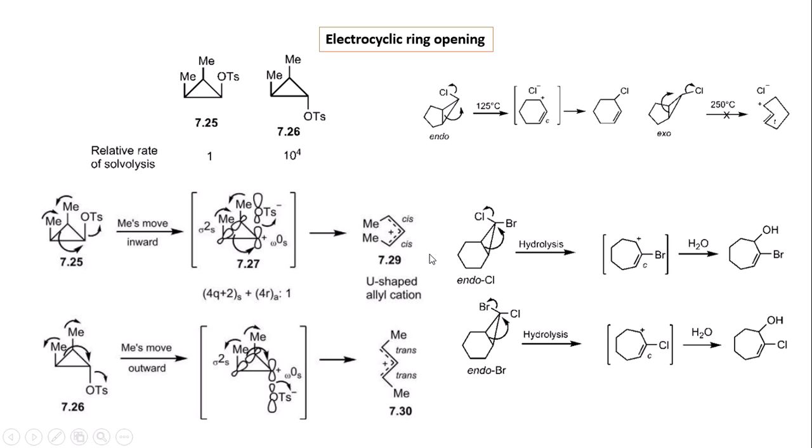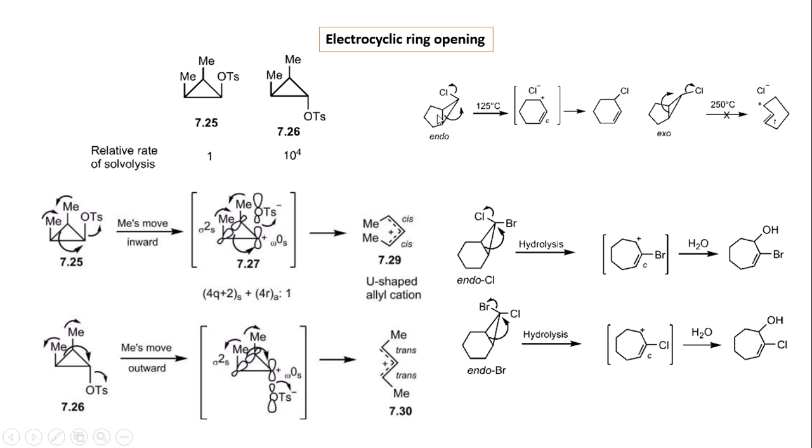But in the opposite isomer, in the case of 7.26, we get the W-shape structure. Stereochemically, the W-shape structure is sterically less hindered compared to the U-shape structure. So the rate of hydrolysis for 7.26 is greater compared to 7.25. This observation is different in the case of the cyclic system.